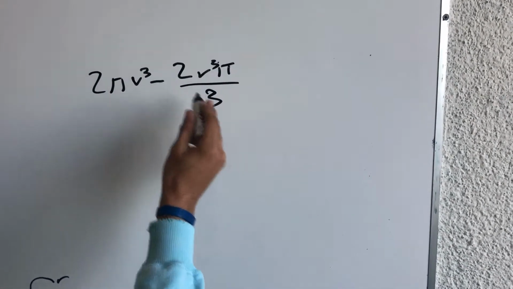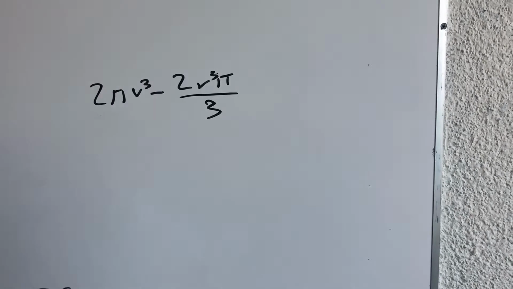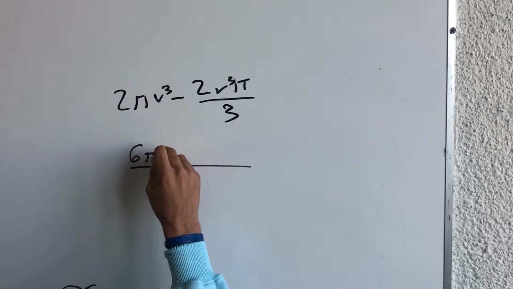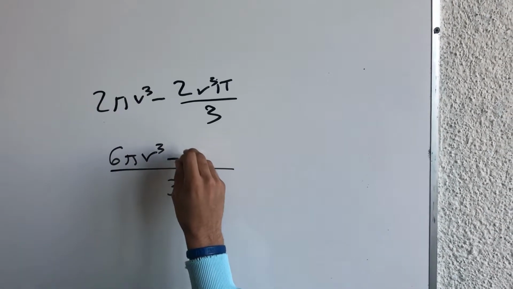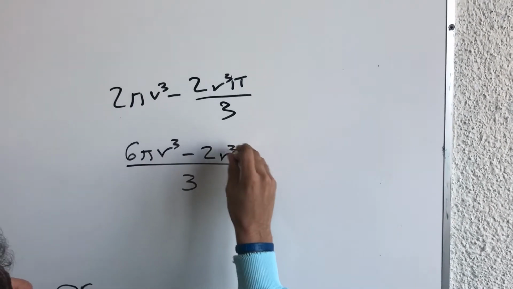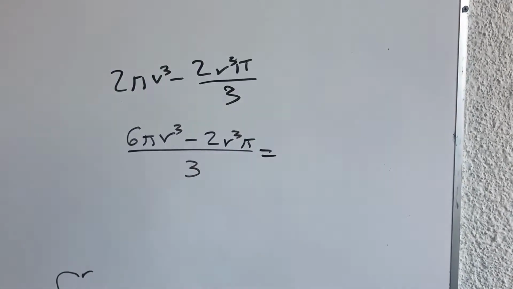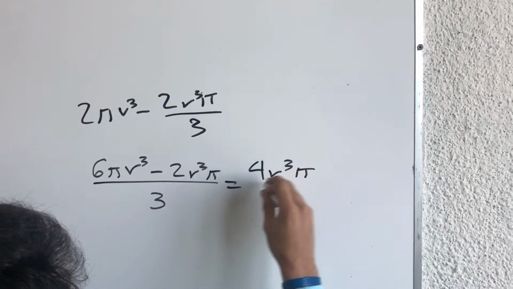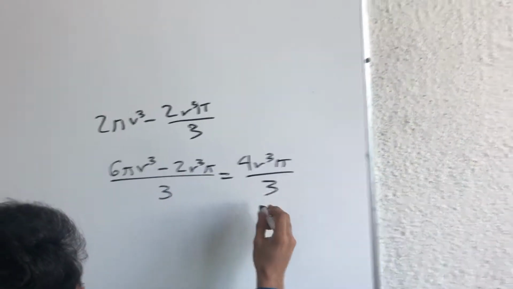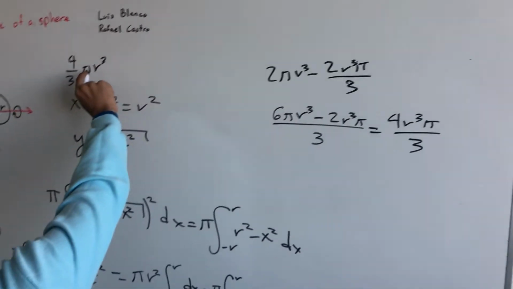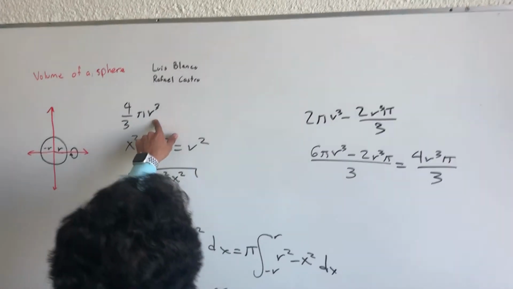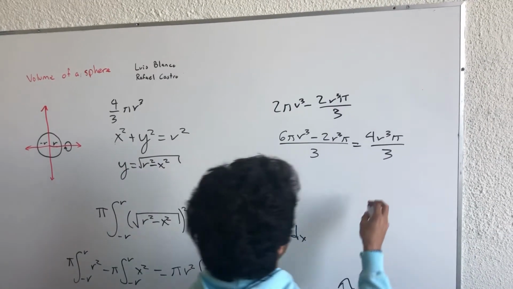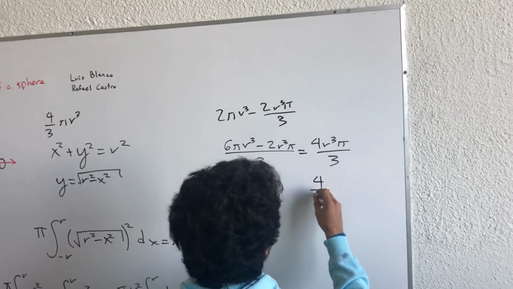So now we only have to subtract, and it will be like this. So this equals 4 pi r cubed over 3. So we now can compare the result we got to the formula of a sphere, and we can see it's the same, right?